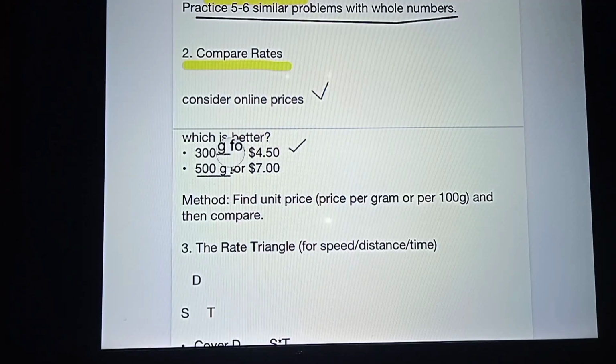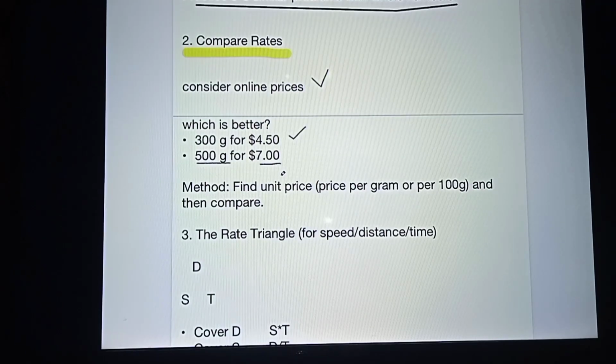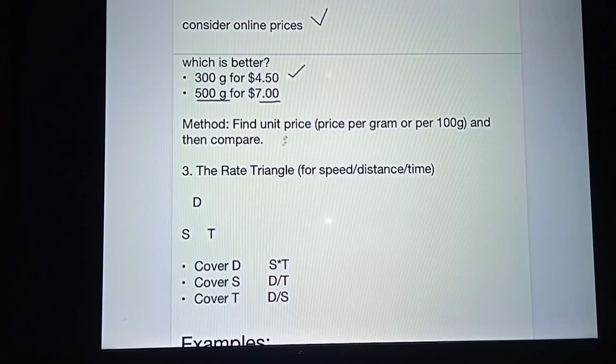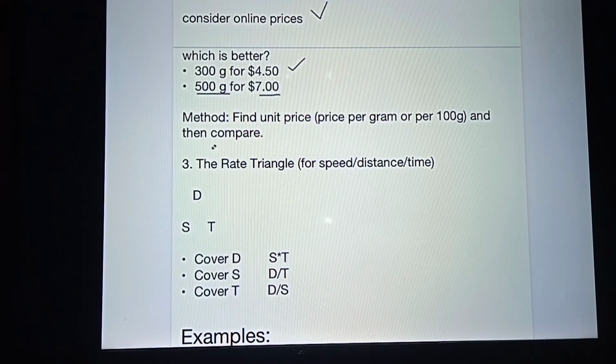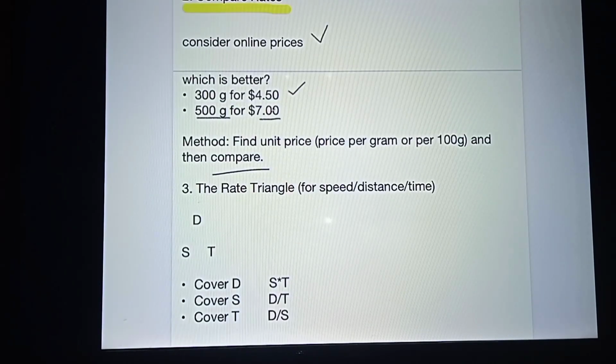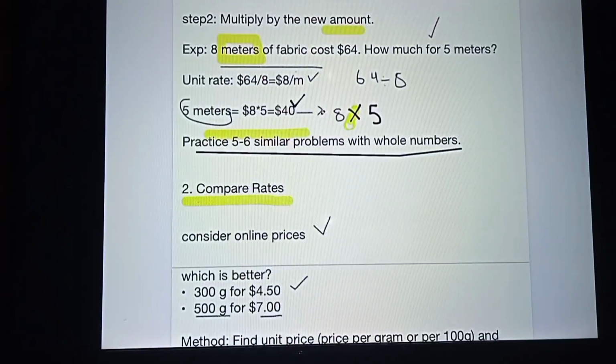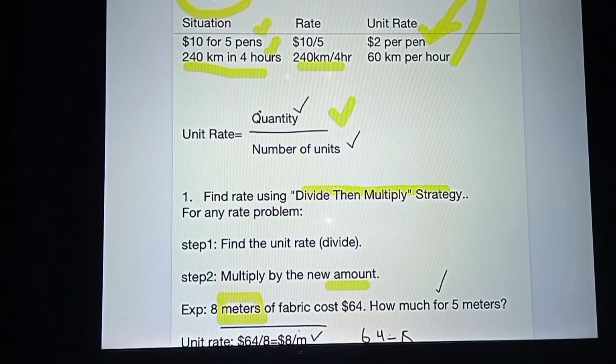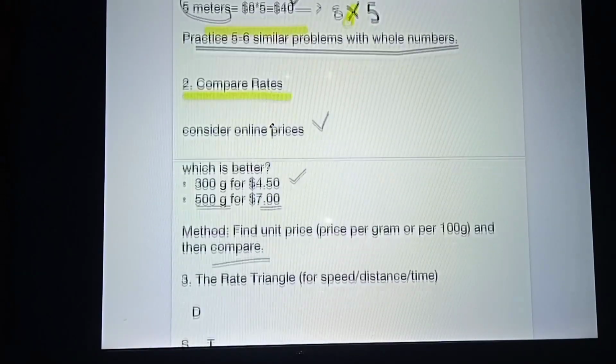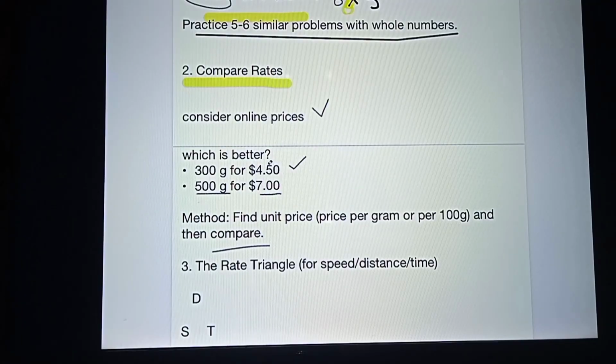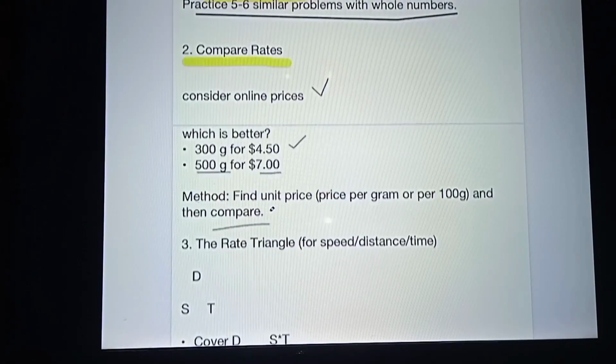Another item of 500 gram costs $7. Find unit price first and then compare. So you know how to find the unit price. It is already mentioned here, unit price, and then compare, then see which is better in price.